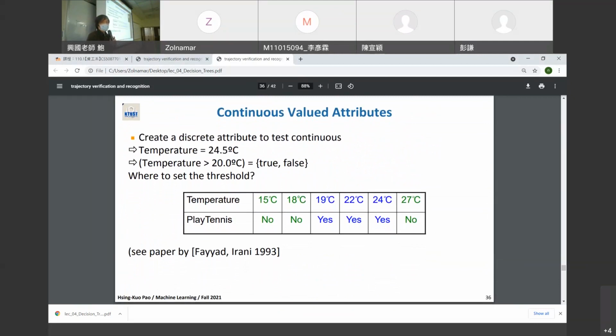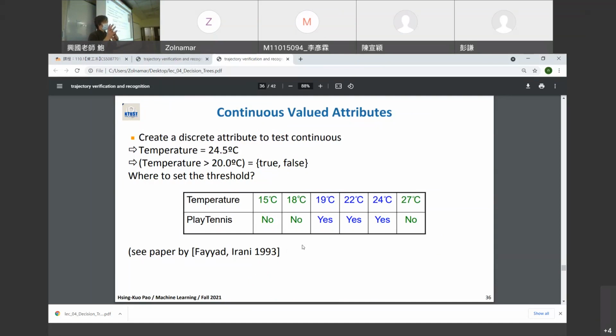Based on this paper, if we stick with information gain to decide the best attribute, then it also decides the best cut point. Suppose we already agree that temperature is the attribute to choose based on information gain.